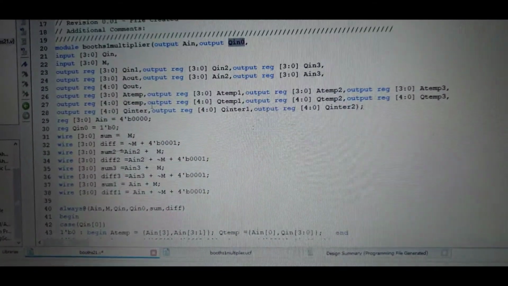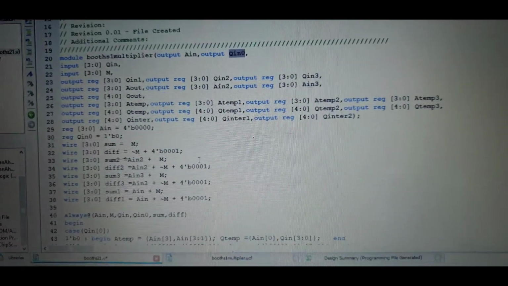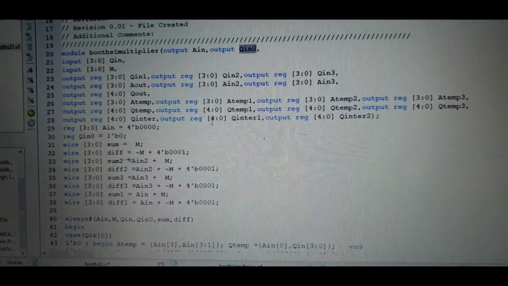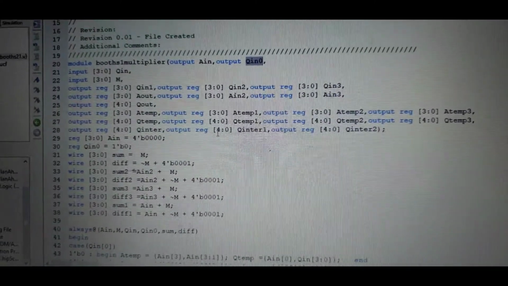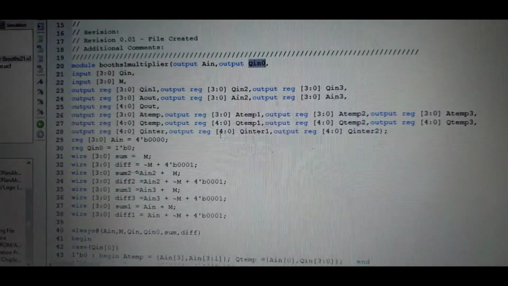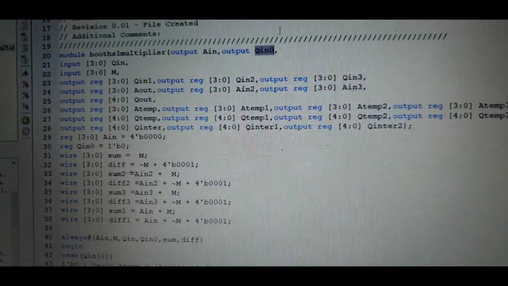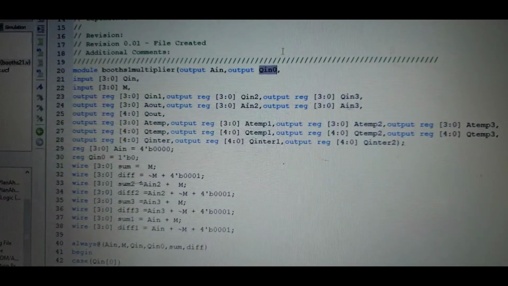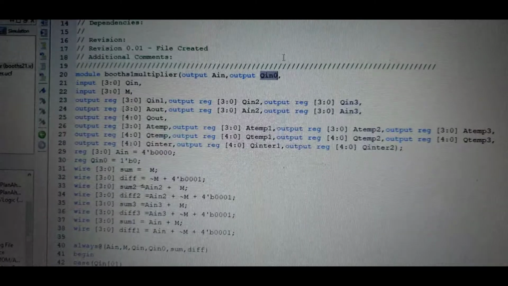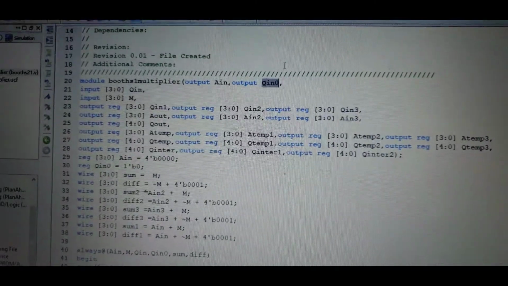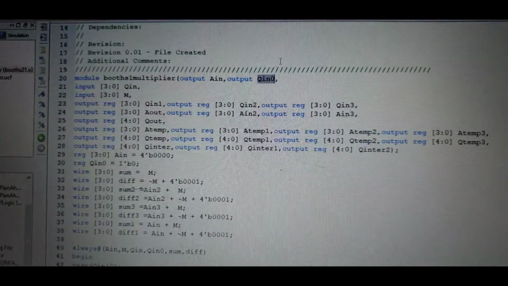So what it does in the very first stage, it takes that input, and if the last two bits of this Q temp register, which was actually the Q in register, are 0 1 or 1 0, then it performs A plus M and A minus M respectively, and after that it does the arithmetic shift right.